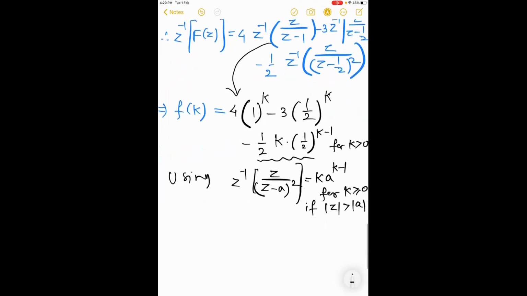We are using this for the third term. So finally you are getting the answer for f of k, that is your original sequence. This is how we find the inverse Z transform with the help of the partial fraction method.